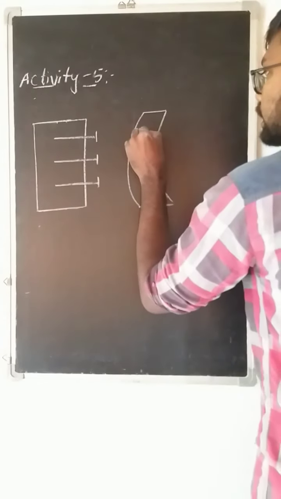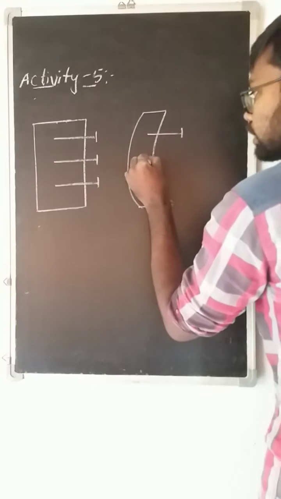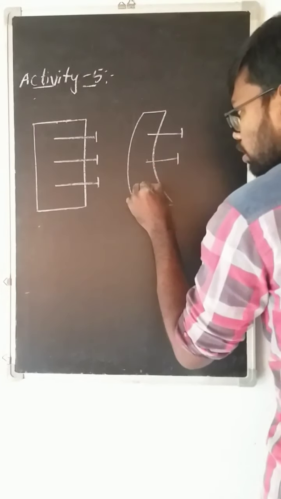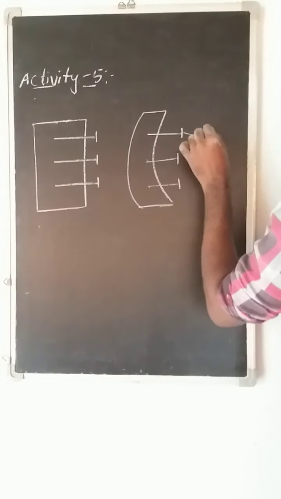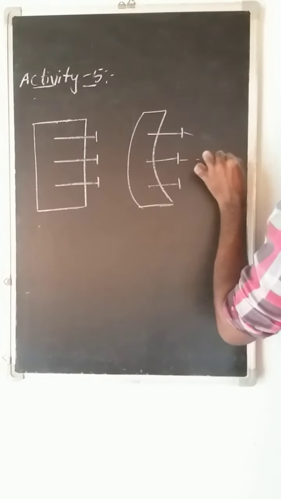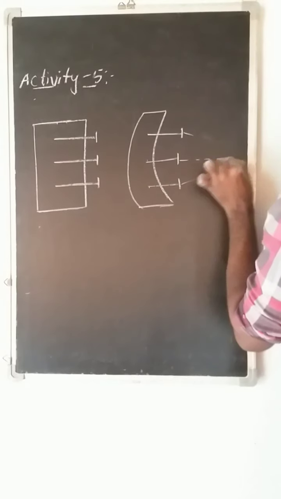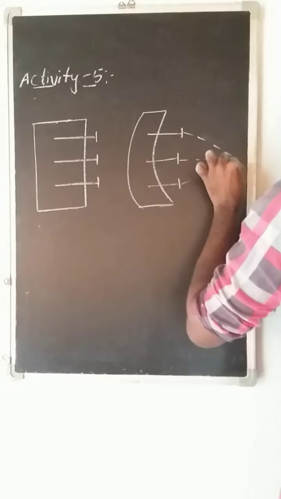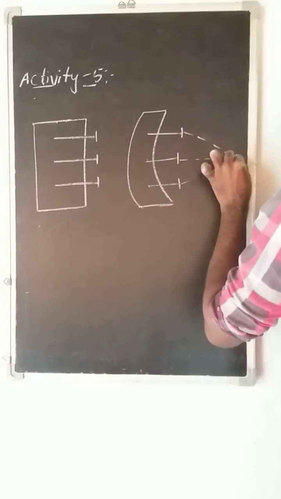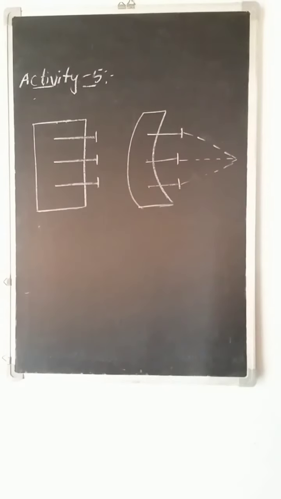Now stick the pins here. From the 3 pins, if we take the normal, these are the normal positions at the center of the pins. So all these 3 points will meet at one position.